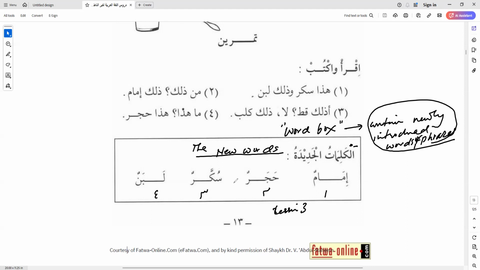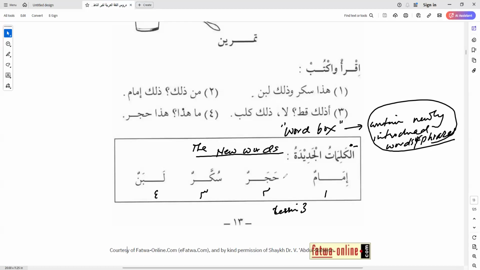And lesson 3 is going to end with another word box. And then you have to make sure you also master them before you move to 4. If you don't do that, it's going to be confusion galore.